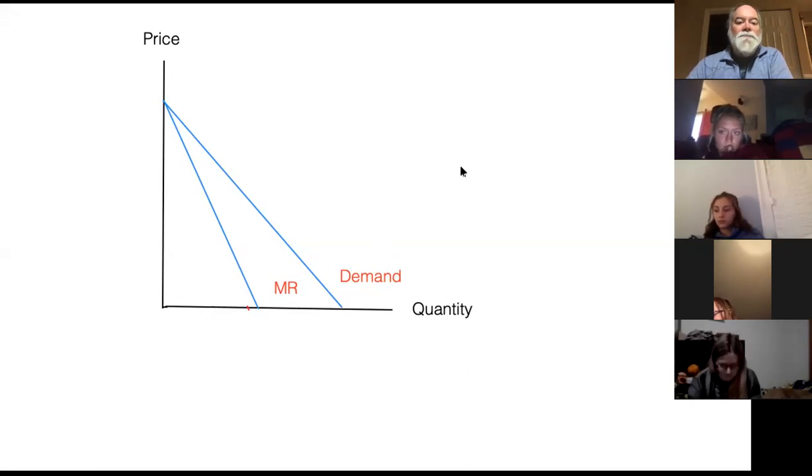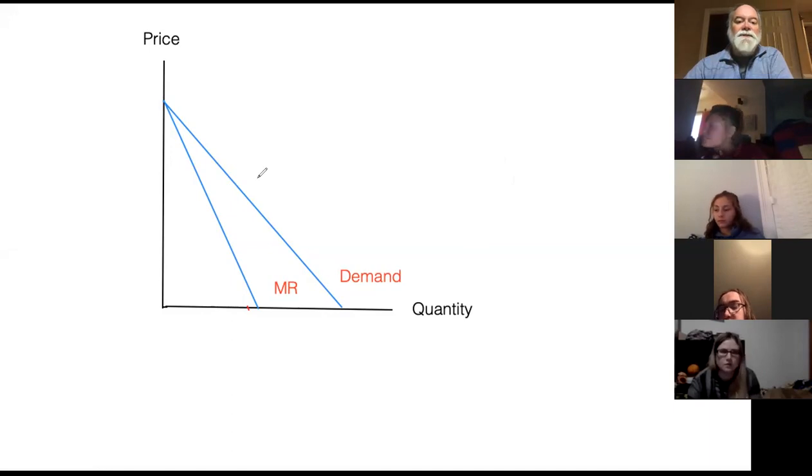Okay, now, when you're using the marginal approach to find the profit maximizing quantity of output, what you're going to do is compare marginal revenue with marginal cost. What does a marginal cost curve look like? Can somebody remind me? Kevin, how about you?